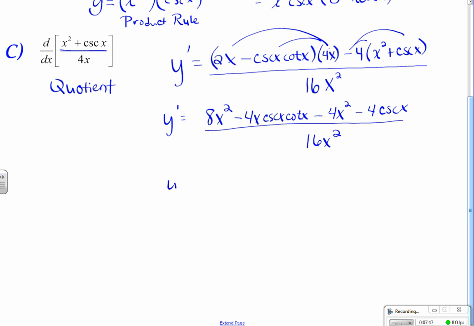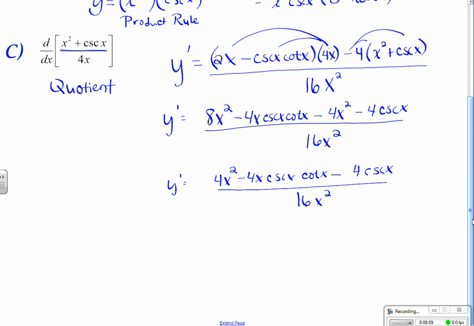Simplify on top, y prime is equal to 8x minus 4x squared gives me 4x squared minus 4x cosecant x cotangent x minus 4 cosecant x, all over 16x squared.